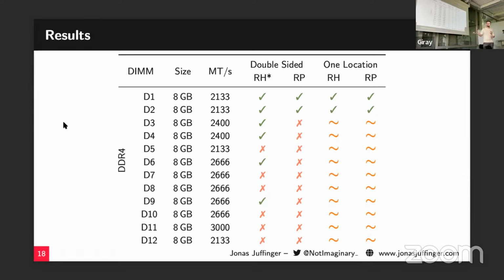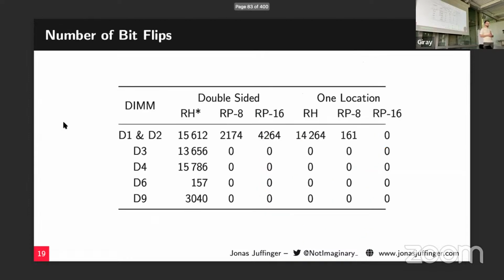And for timing reasons, we didn't try them. Oh, okay. Are the positions of bit flips consistent? Yes. So if you do a RowHammer attack multiple times on the same memory region, you find bit flips in the same locations consistently. And if you do RowPress, you find also consistent bit flips, but at different locations. This is basically what this experiment is based on.